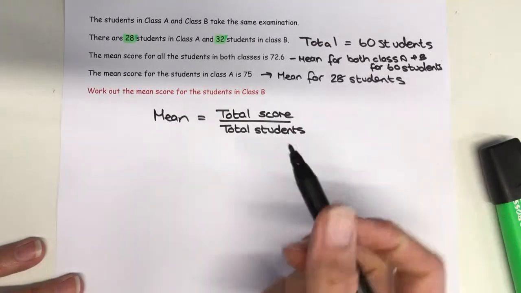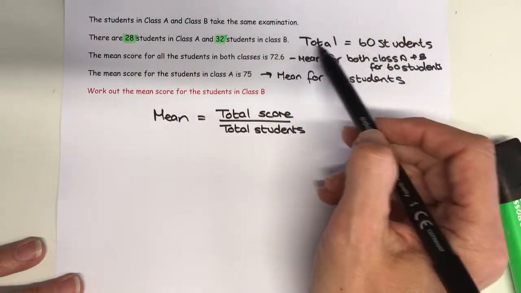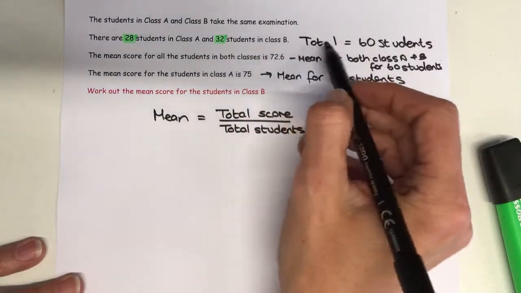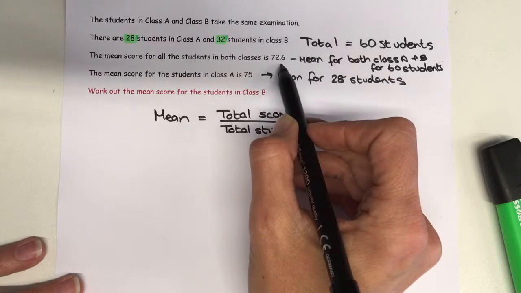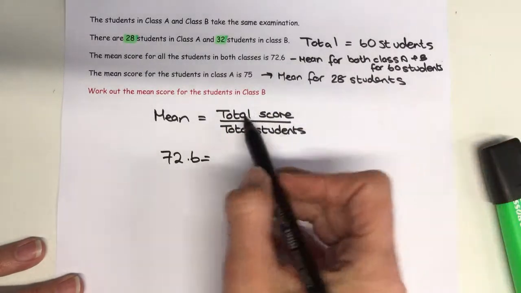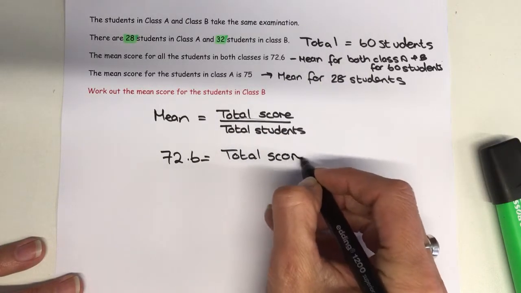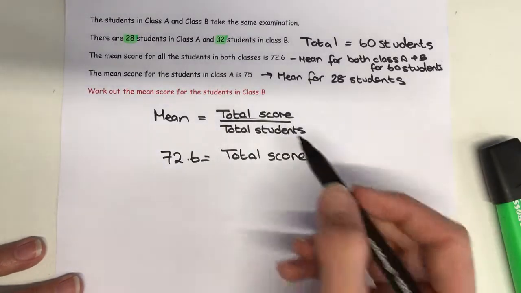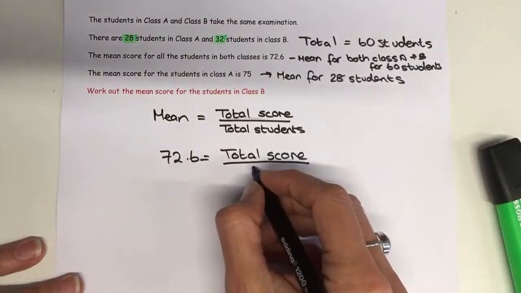Okay, so if we're talking about the total of A and B, then we are given the mean for the total students, which is here, 72.6. And we don't know what the total score is, and that's what we're trying to find out. So we're trying to find out the scores all totaled together, summed together. But we do know what the total students are because it's 60.